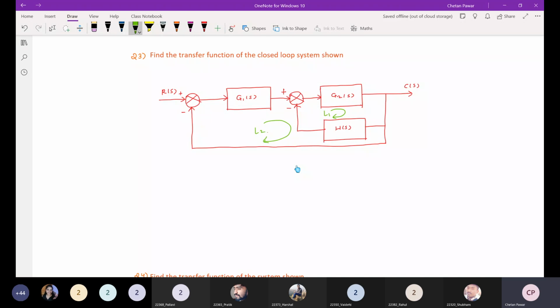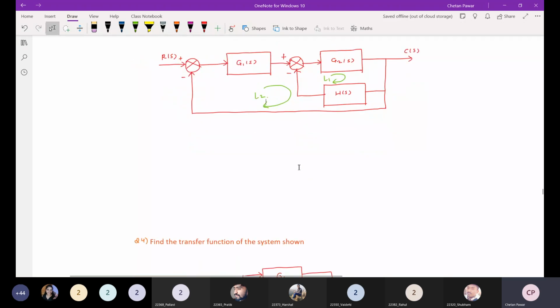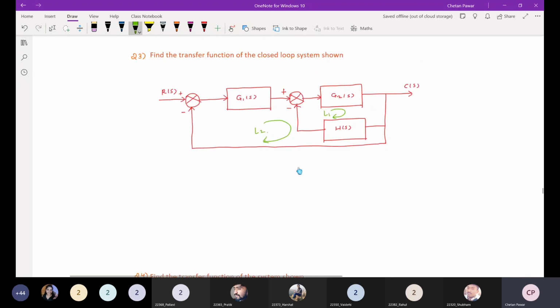L1, L2. So now here L1 is the innermost loop, right? So we need to start with it. So which kind of feedback it is using? Negative feedback, right? Innermost negative feedback.